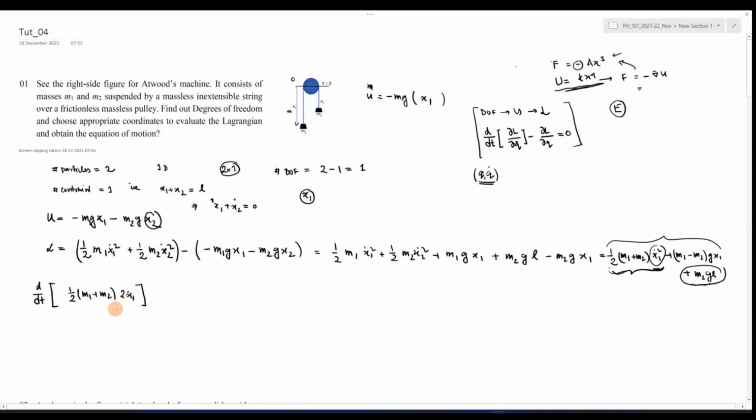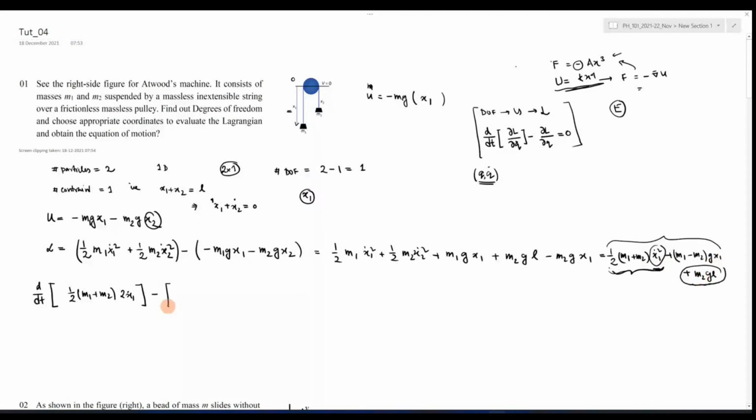Let me know if it is clear or not. Is this term clear to you, how we got this? Yes, Bhaiya. Anyone having any confusion? Please ask. Minus, no other term will appear because there is no other x1 dot term in the 2nd and 3rd terms.